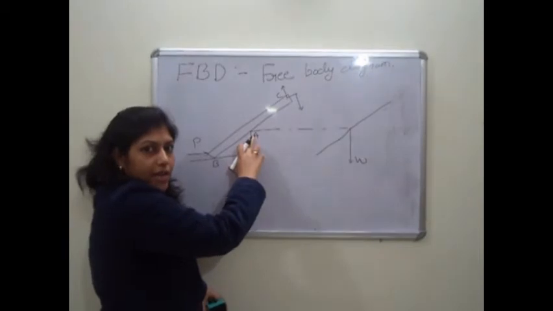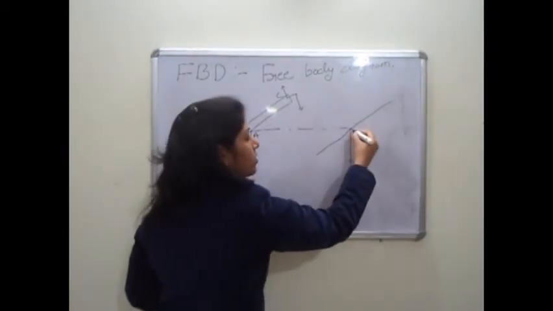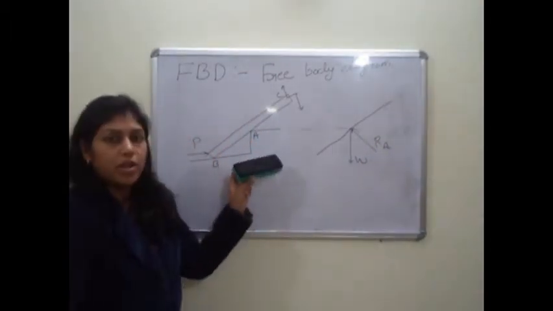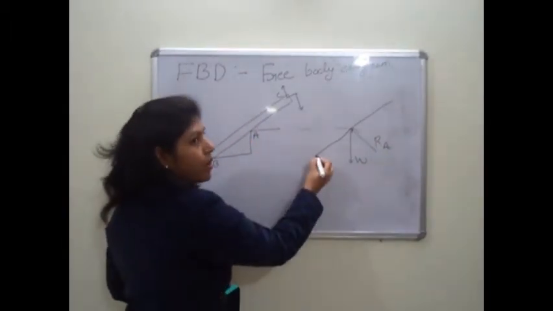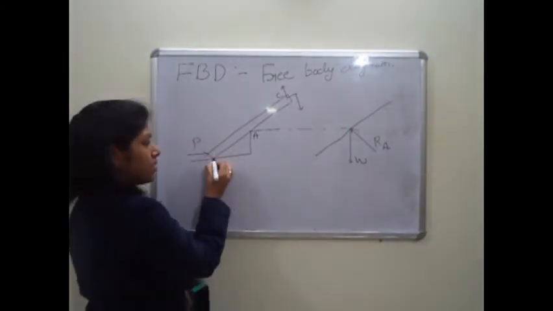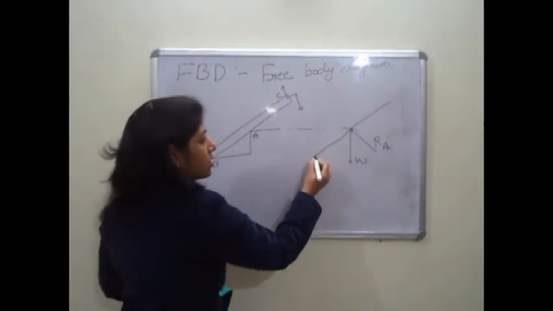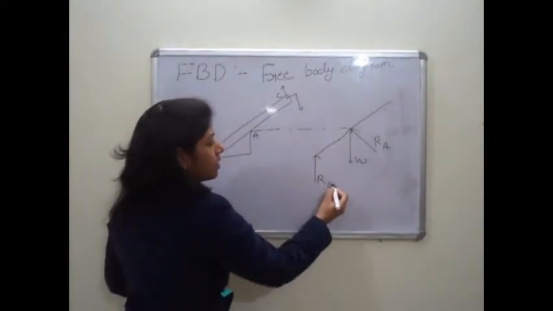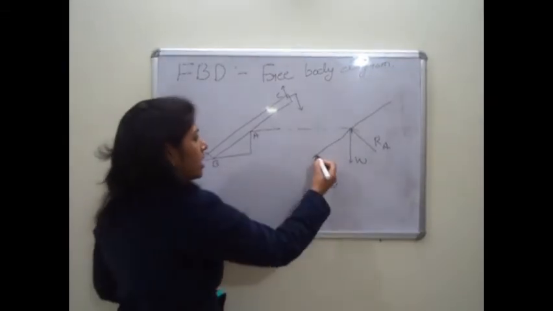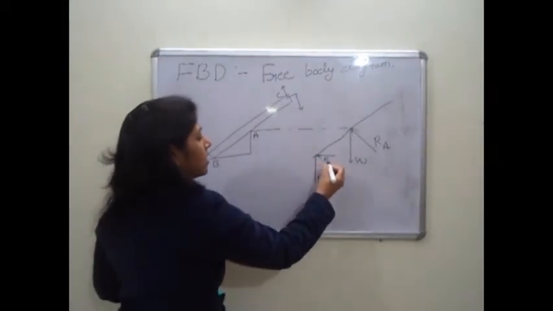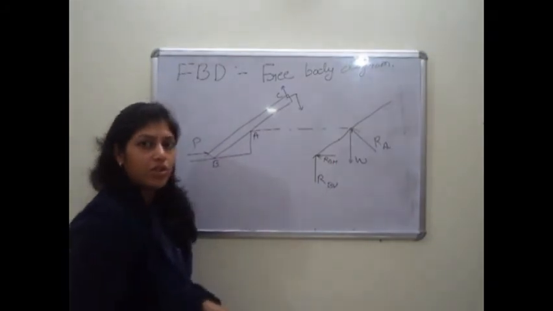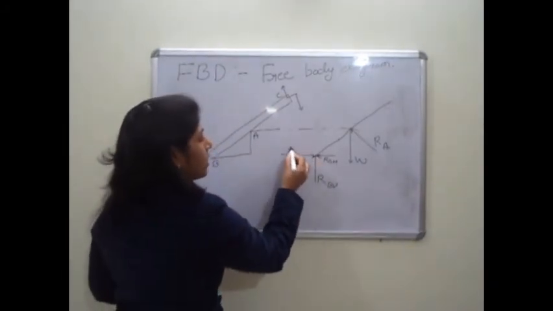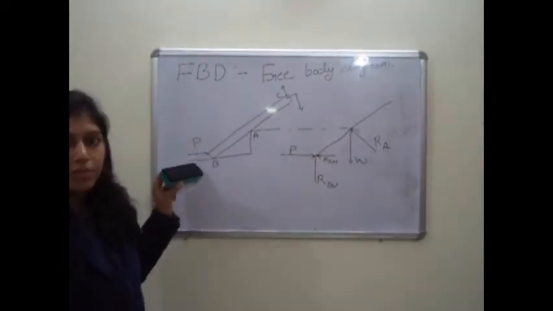Point A is the support point, so there will always be a reaction at a point of support. Another point is point B. Here there are RBV in the vertical direction and RBH in the horizontal direction, and force P in that particular direction.